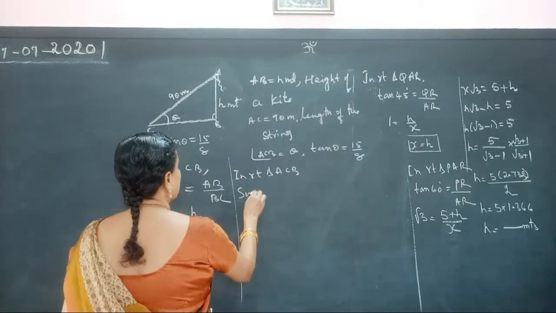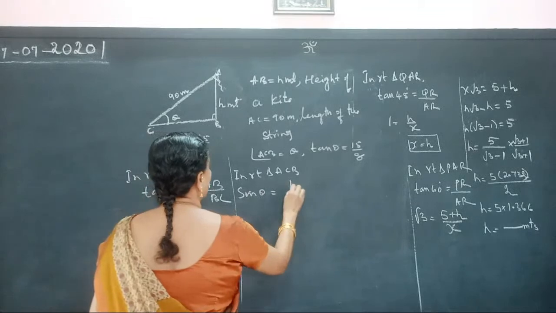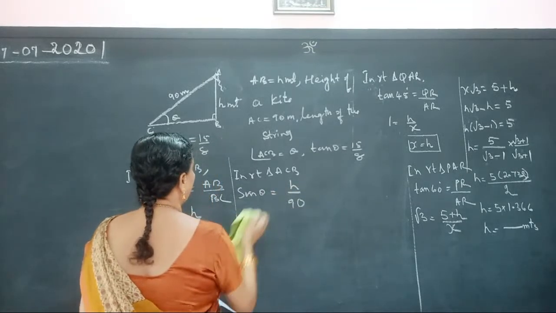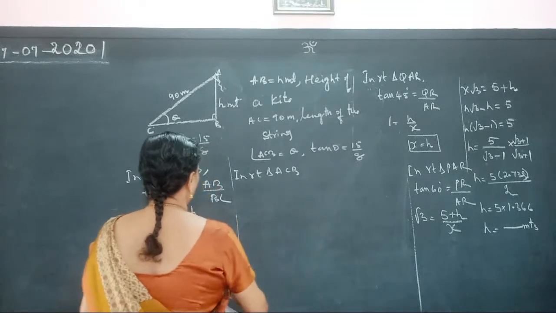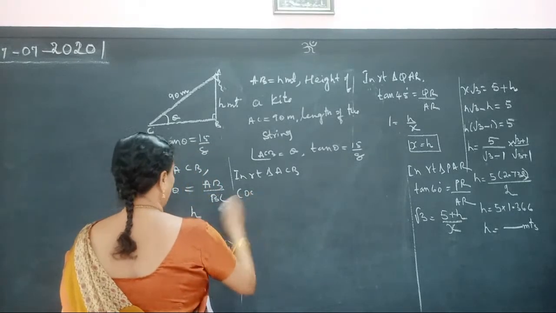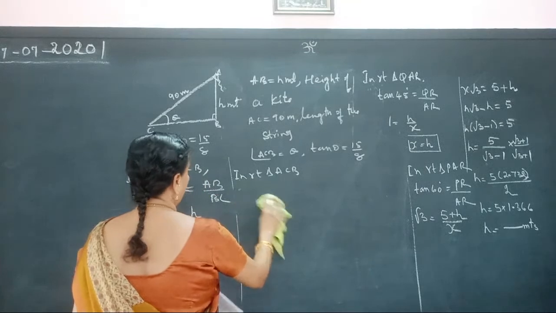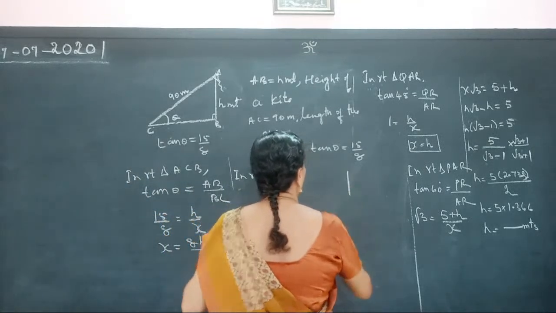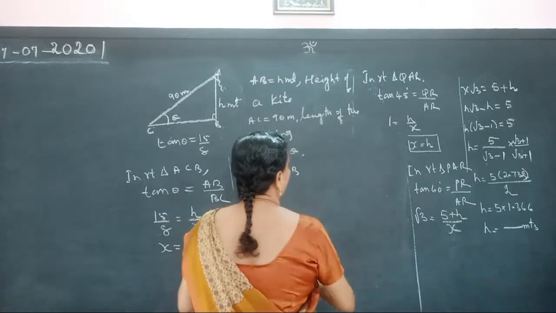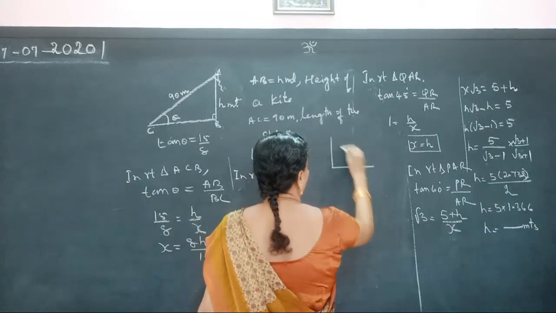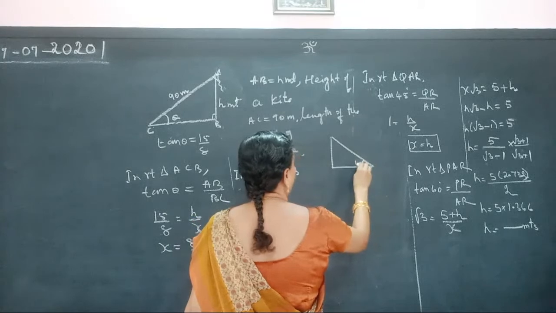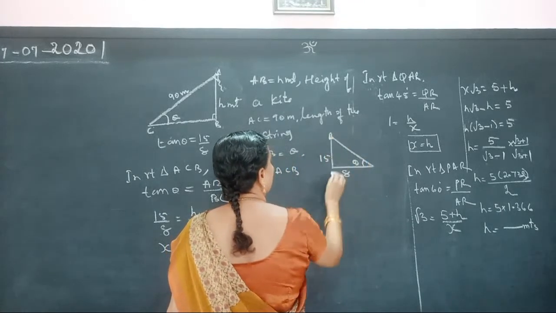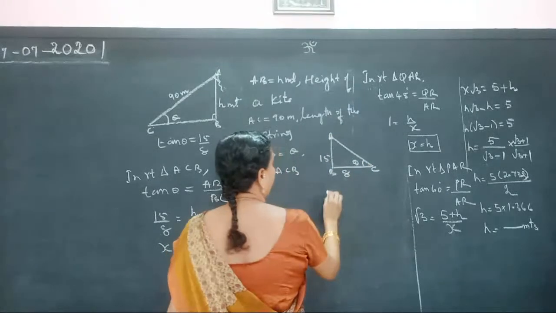If I take sin theta equals h by 90. If I take here cos theta, tan theta equals 15 by 8. So what do you get?